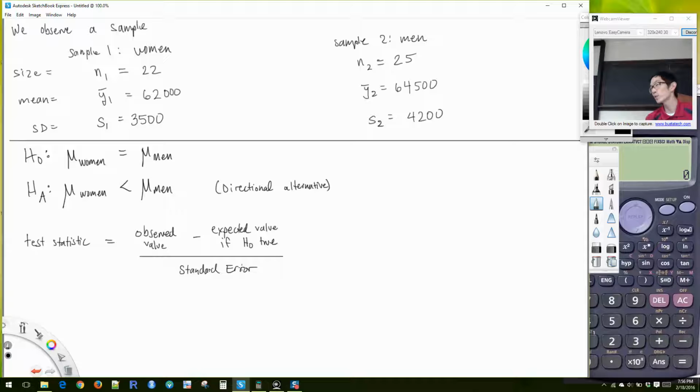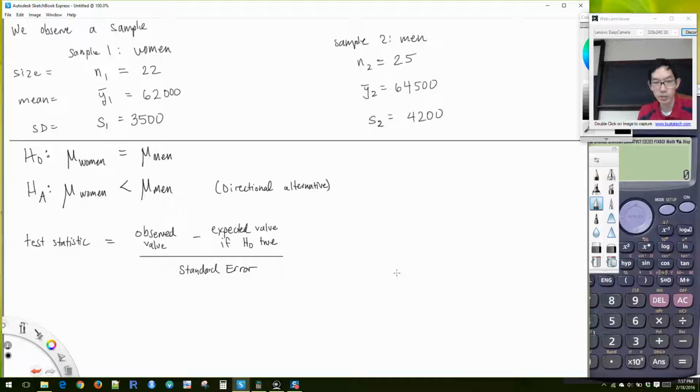Is that a big difference? Well, we compare it to the standard deviation. We're doing something similar here. We're taking an observed value, comparing it to the expected value if the null hypothesis were true, and comparing that difference to the standard error.